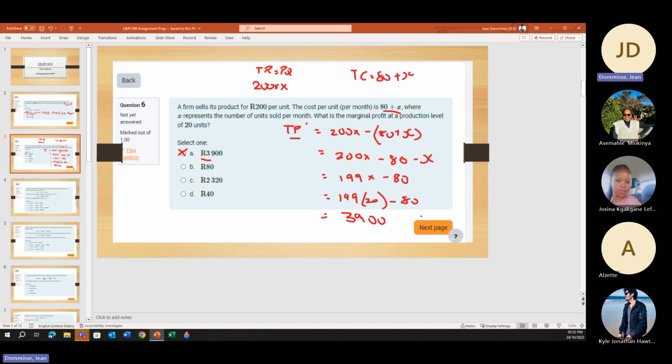Quickly, a firm sells its products for 200 Rand per unit.